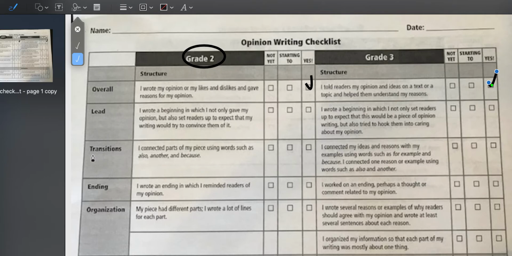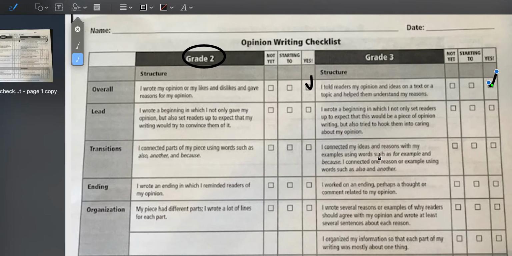Then you move on down to transitions. I connected parts of my piece using words such as also, another, and because. If you did that, you would mark yes and then show in your writing where you did that. Then if you did mark yes, you would slide over to grade 3 and read that descriptor.